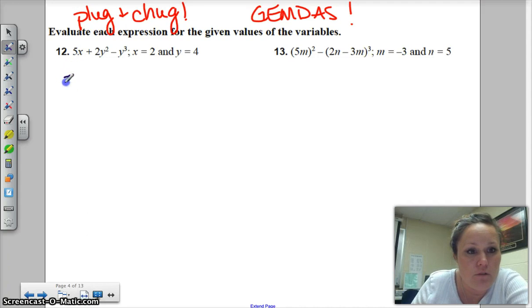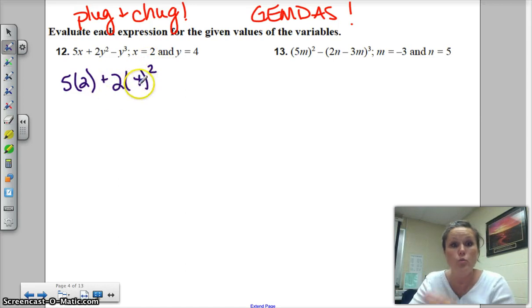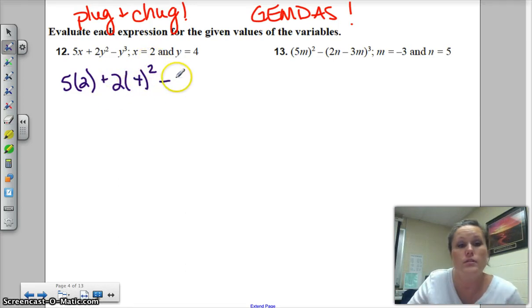5x, so we're going to have 5 times 2 plus 2y, and here's something I'll add on here. No, I'm not supposed to put y there. I'm supposed to put 4 there. Okay, 4. The squared goes with the 4, not with the 2y. It only goes with the y itself. That was something that was difficult for some of us today.